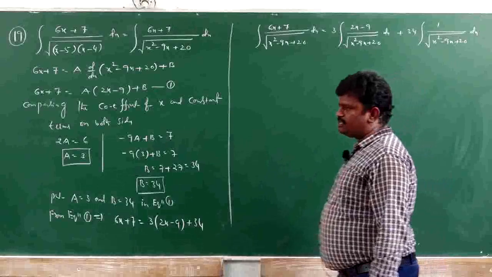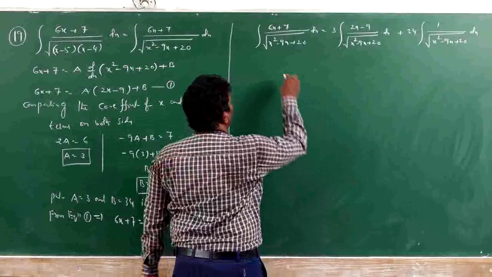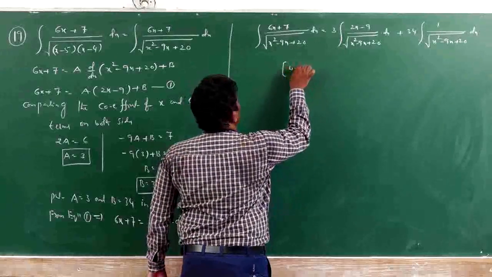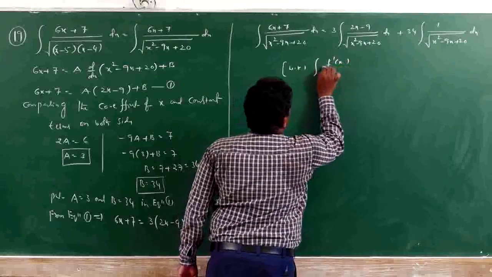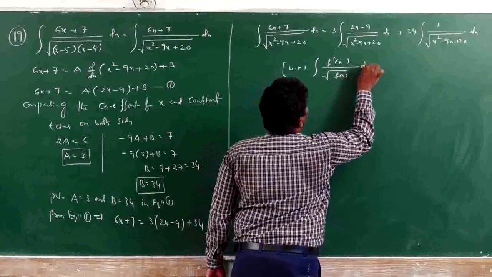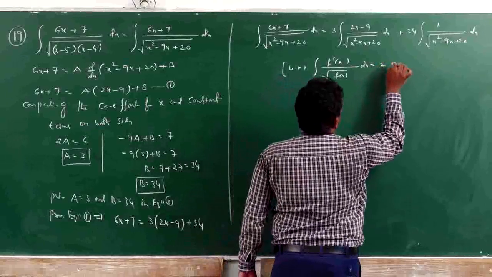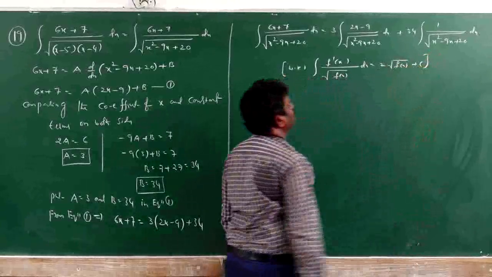Okay? Just I revised my one formula, same type of formula. In first integral, what we done means here formula, we know that integral of f dash of x by root of f of x dx is equal to 2 into root of f of x plus c. Okay?